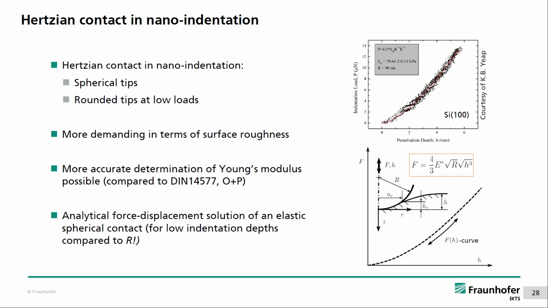So this is the Hertzian contact, the measurement for very low loads, and the red line is the fit of the Hertzian load-unloading force-displacement curve, and this is the contact theory and the contact itself. If you have an elastic contact, you have no hysteresis, so loading and unloading will be on one curve. This is a good hint that you have elastic contact. If there's some hysteresis, you don't have elastic contact.